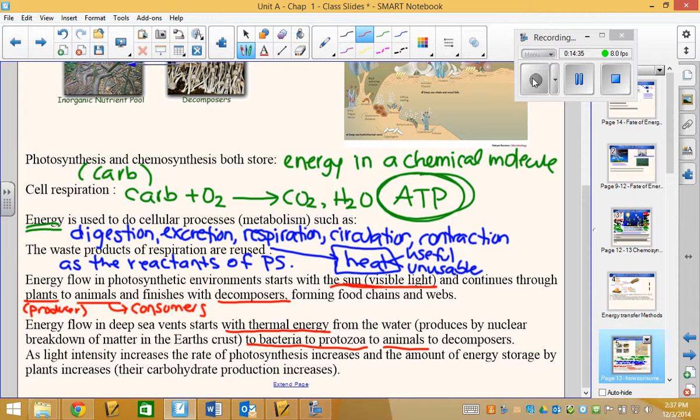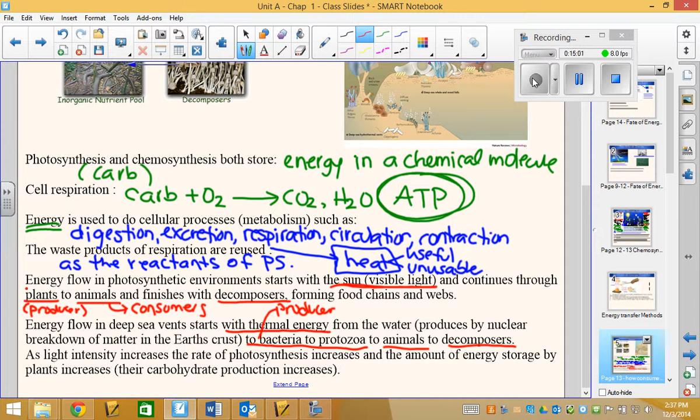To animals and then to decomposers. So they both have the same parts in their food chain. It's simply that in a photosynthetic environment, the producer is usually a plant. The producer, don't forget, is a bacteria in the chemosynthetic environment.